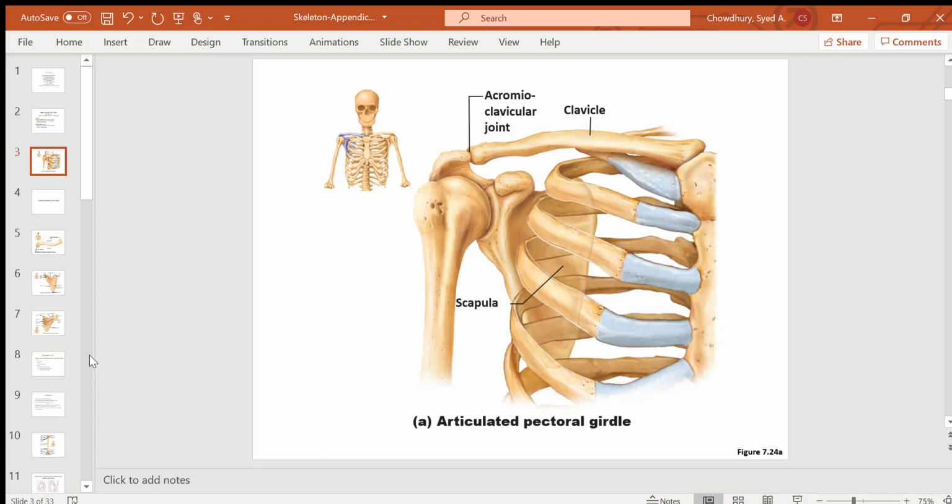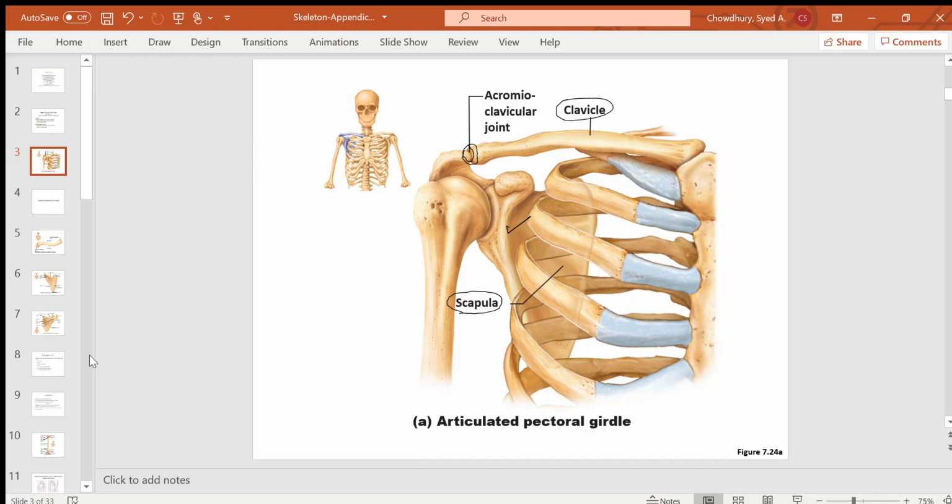Each pectoral girdle is formed by two bones: the clavicle anteriorly, also known as the collarbone, and the scapula, this one, posteriorly in the back. These two bones join together at the acromioclavicular joint and form the pectoral girdle.